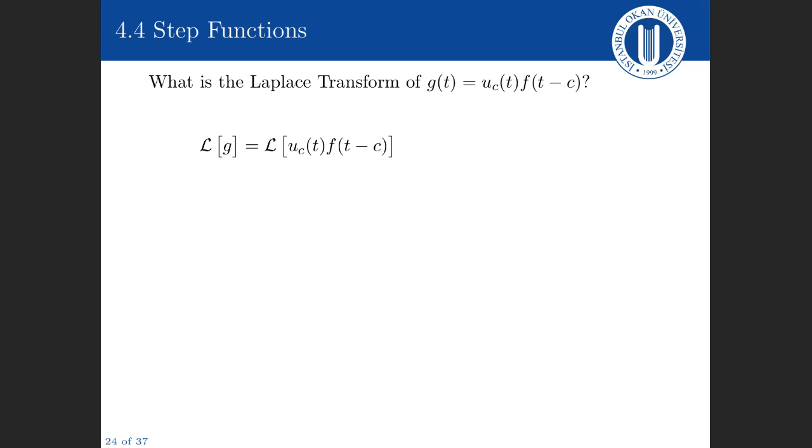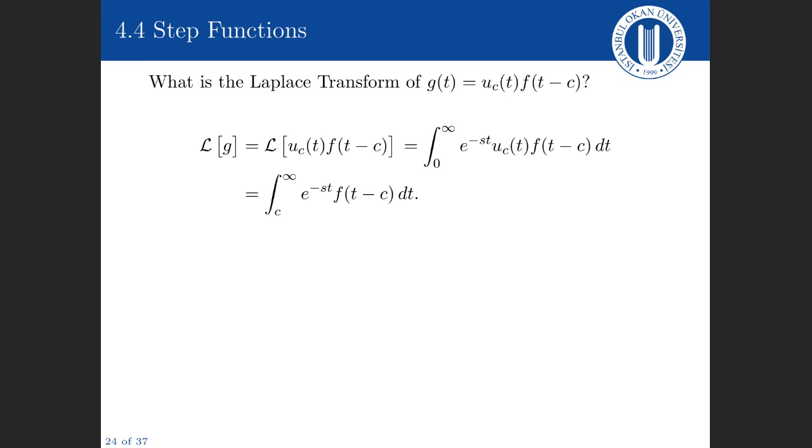Let's calculate it. Again, we have our formula for the Laplace transform: the integral from 0 to infinity, e to the power minus st, uc of t multiplied by f of t minus c.